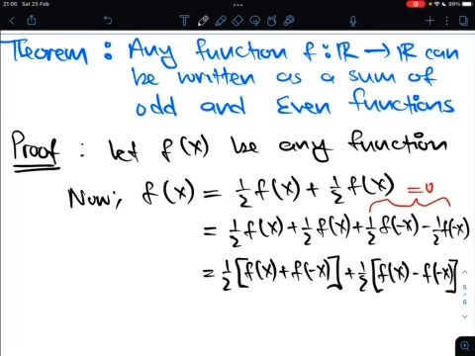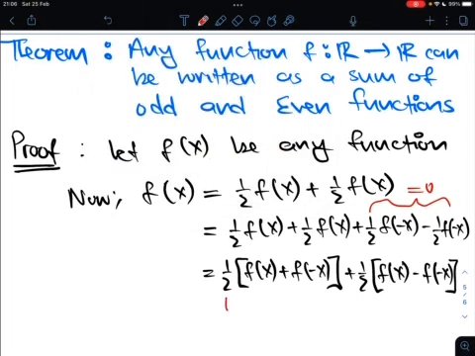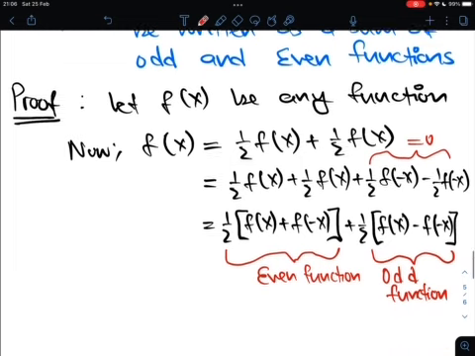If you look, this thing that we have here, we already proved in the previous problem that this is an even function. And also we proved in the previous proposition that this is an odd function. So we can see that any function can be written as a sum of an even function and an odd function. And those two functions are defined as follows.